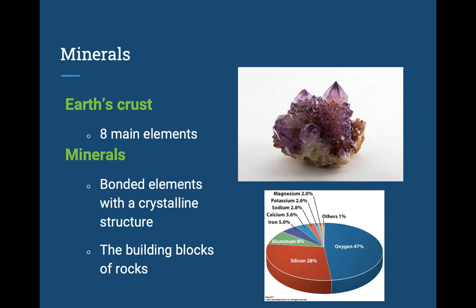Okay? And what we'll see is that you can get multiple minerals stuck together, and we'll get into how exactly they get stuck together in a bit. But minerals will then go on to make rocks. Okay? So just going from smallest to largest, typically we have atoms, right? Which are the little units of these elements.